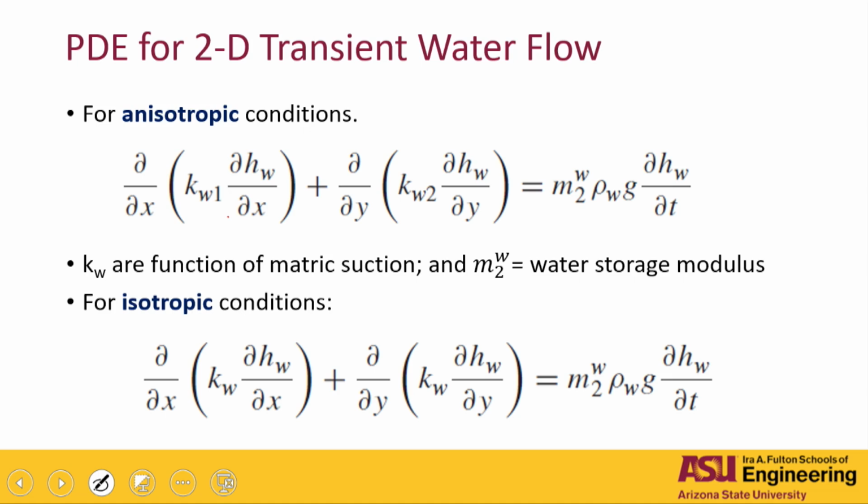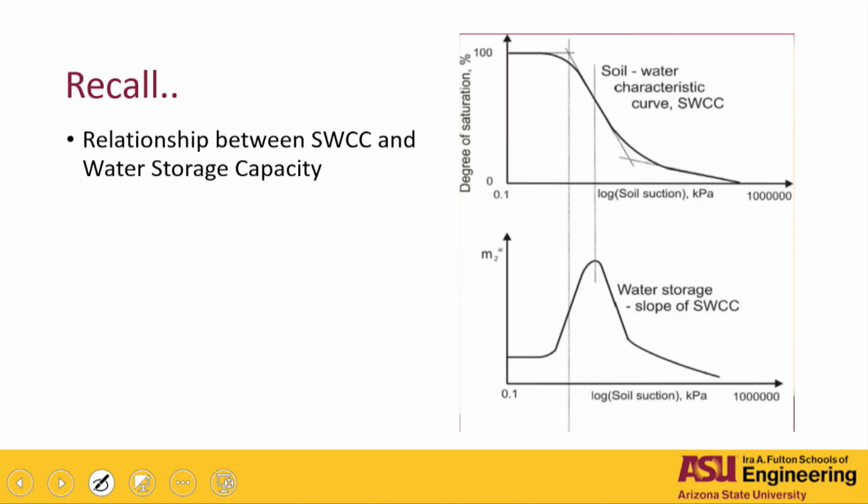It's isotropic, and therefore you can use the same value right here and right here. And we still need the permeability function as a function of suction plus the soil-water characteristic curve. The m value here, this is your soil-water characteristic curve. Usually, if you take the derivative, the slope of the curve, you're going to have the water storage for every one of the points.